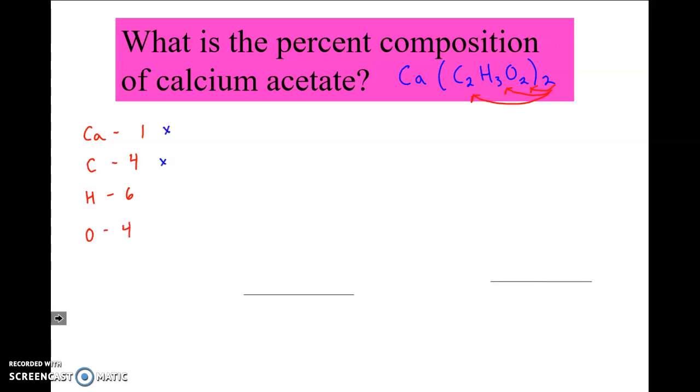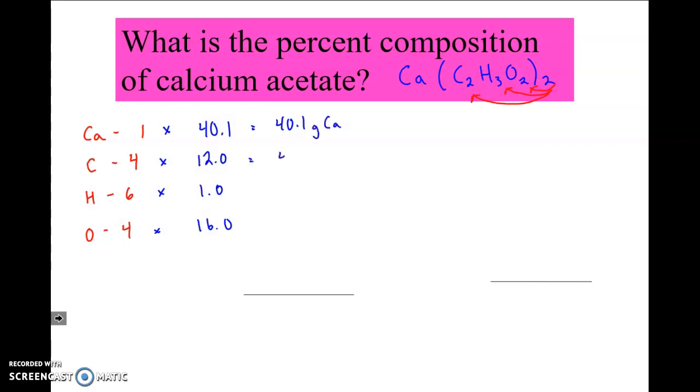So we're going to multiply these numbers by their respective masses on the periodic table. Calcium, if we round to the nearest 0.1, is 40.1. Carbon, we're going to multiply by 12.0. Hydrogen, 1.0. Oxygen, 16.0. We get 40.1 grams for calcium.